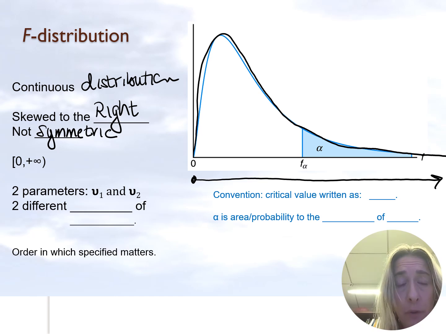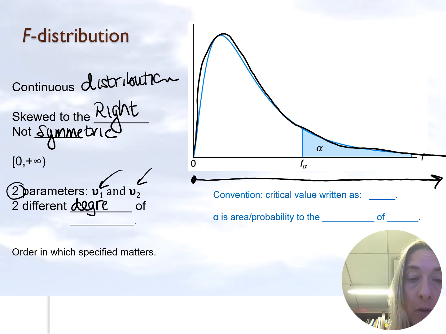But where it differs from the chi-square distribution is that it has two parameters, nu1 and nu2. So the F distribution has two different degrees of freedom.